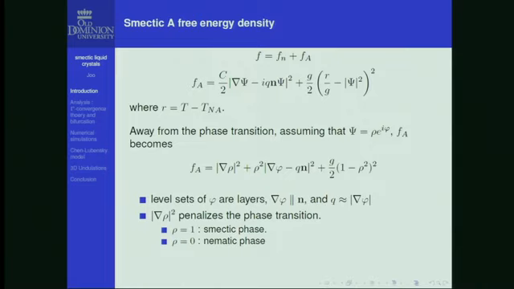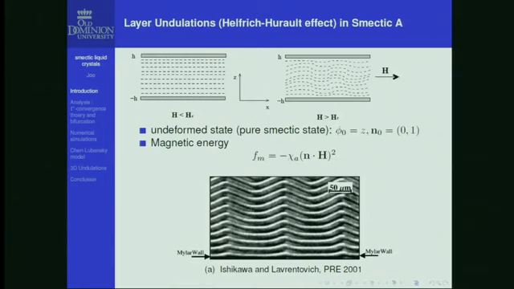So grad phi is the layer normal direction. The directors are perpendicular to the layers in the smectic A energy case, so it is minimized when they are parallel to each other, and Q is like the wave number. This is the explanation of this free energy.